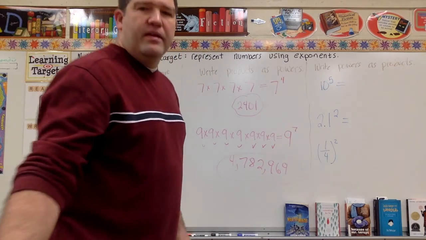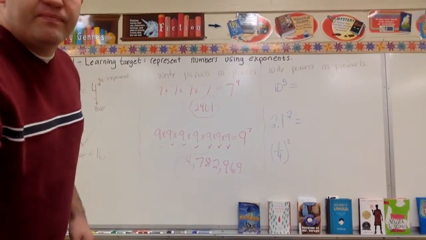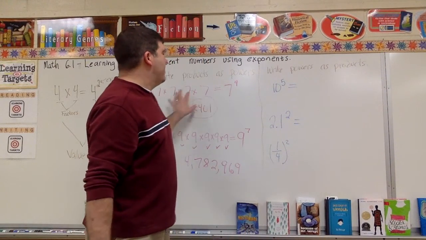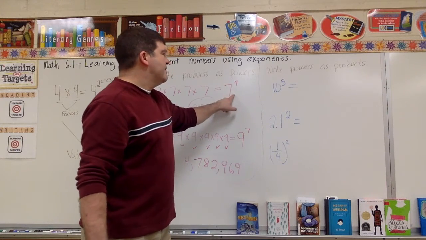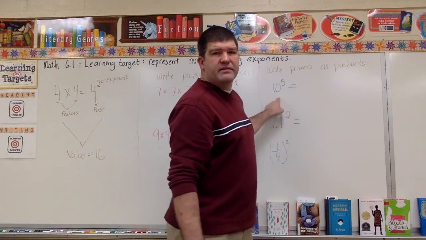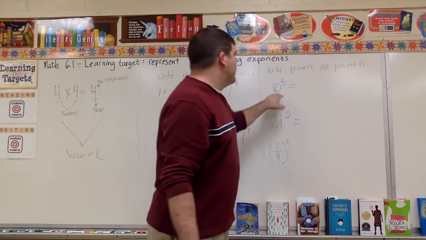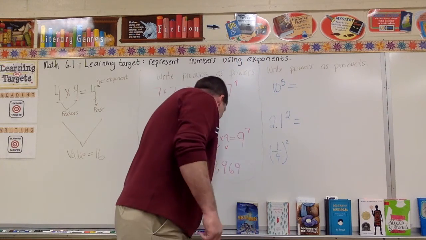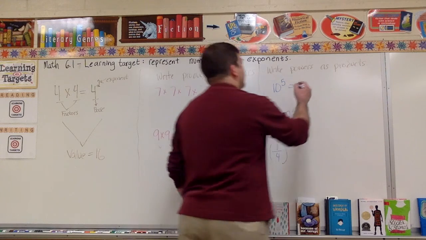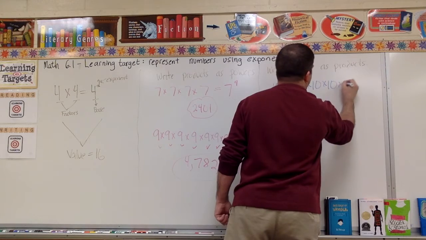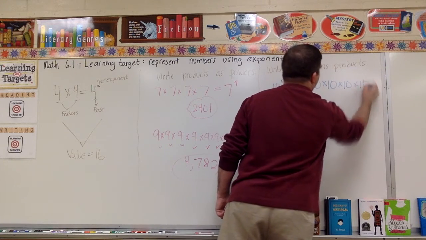Okay? Now, instead of writing products as powers, we can do powers as products. Okay? So 10 to the 5th means 10 times 10 times 10 times 10 times 10.